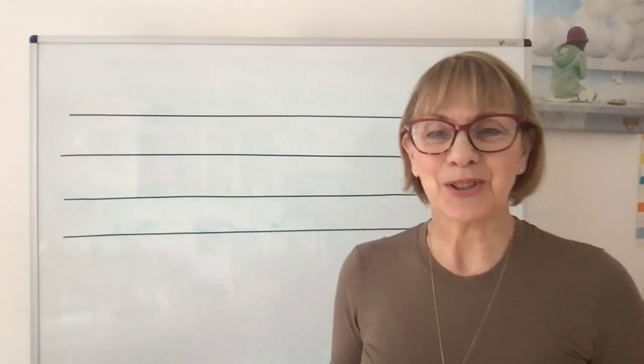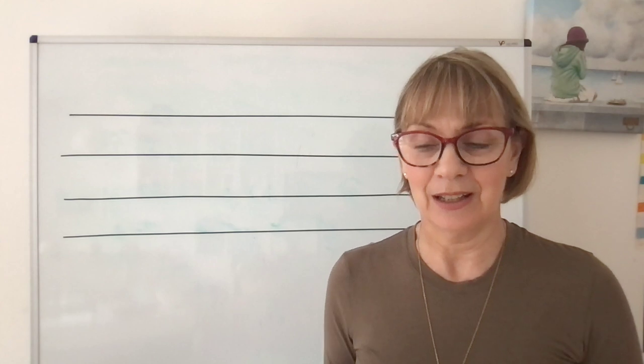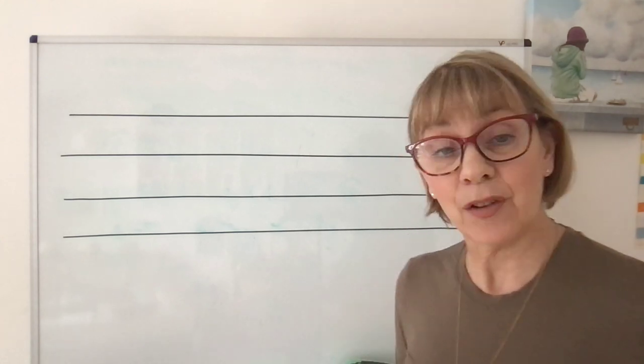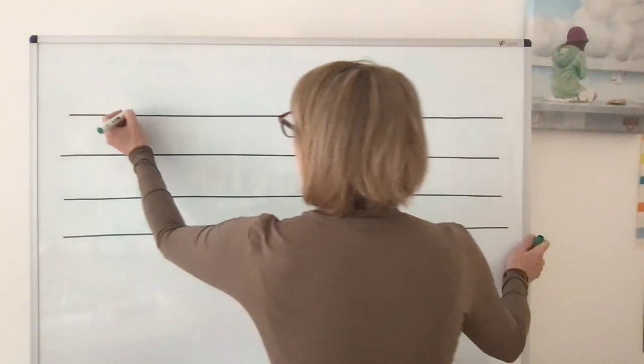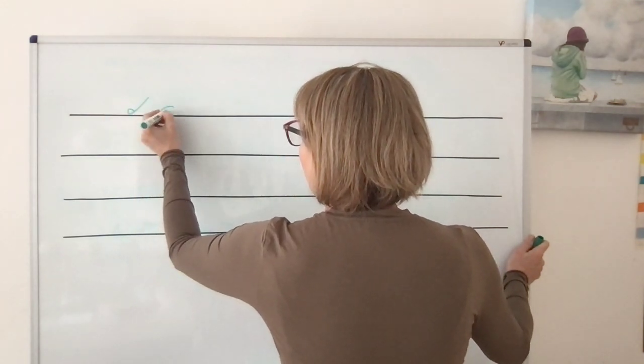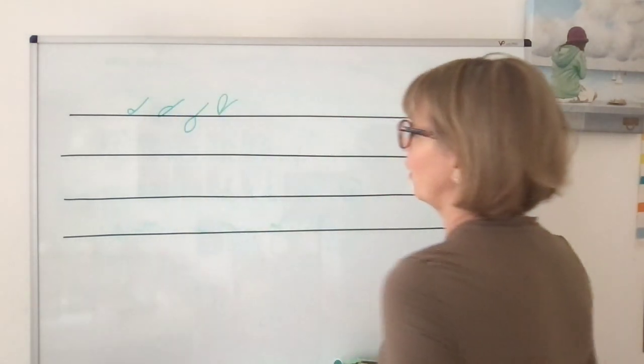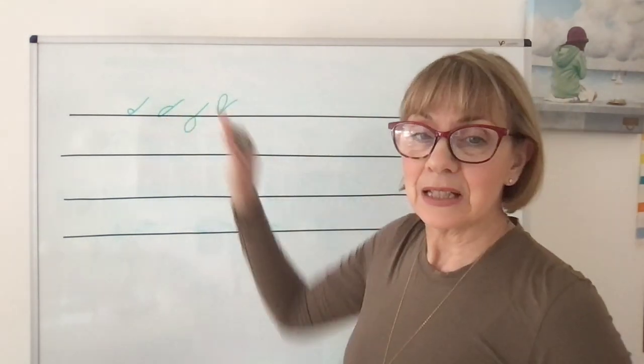Okay, I just want to briefly show you, and again this is a whole lesson in itself, S and F blends. So S can go on either side of a straight stroke, and F, instead of writing it like that or like that, FR, you can blend it together.